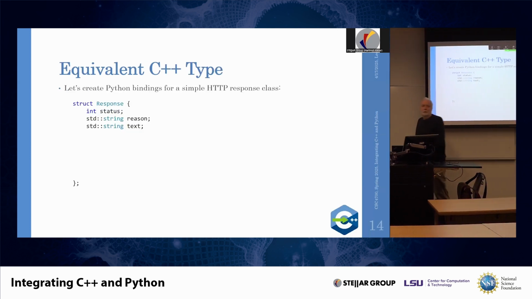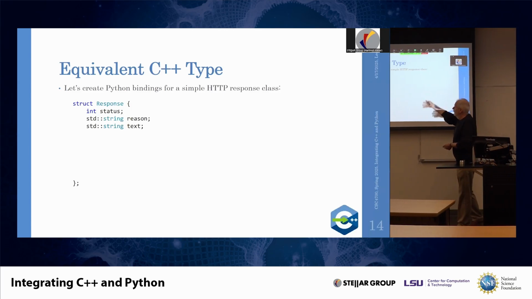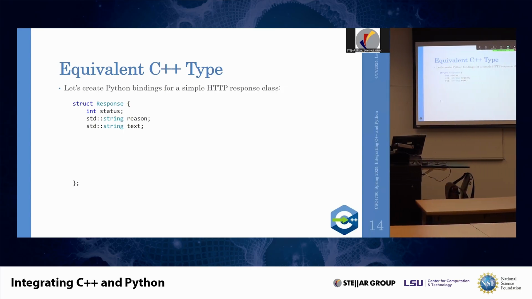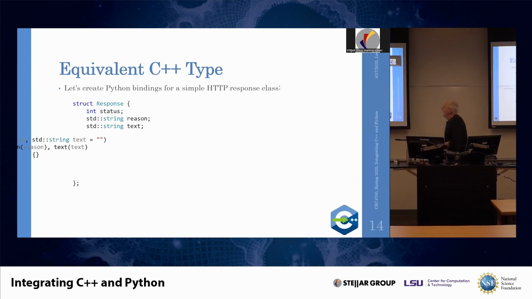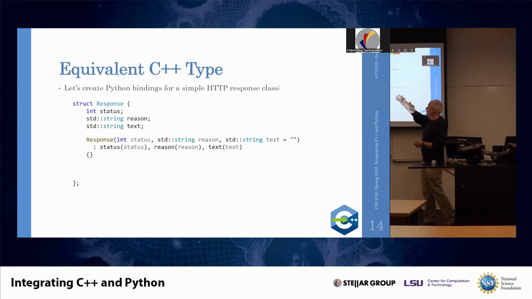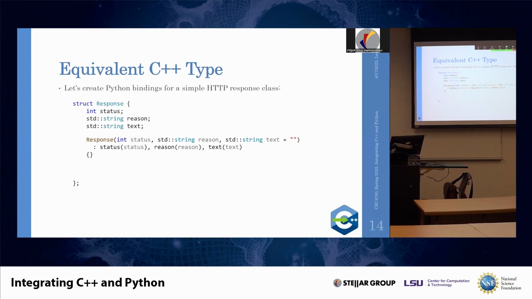Okay, so what is the equivalent C++ code? Well, if I was to write that code, I would create a struct with these 3 members: 2 strings and an integer. I would add a constructor that allows me to specify the status and the reason, and leaves off the text as being defaulted to nothing.